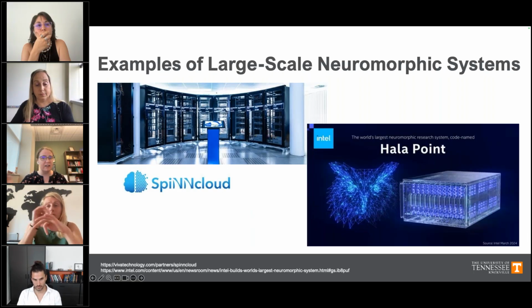Elisa mentioned in her talk that we'd see some examples. Here are some examples of large-scale neuromorphic systems, SpiNNcloud and Hala Point, which is Intel's Loihi system. These are both very large-scale neuromorphic systems, and in fact are the largest.